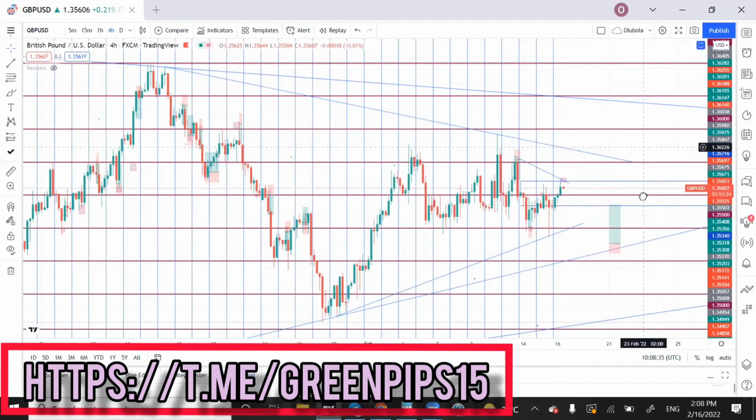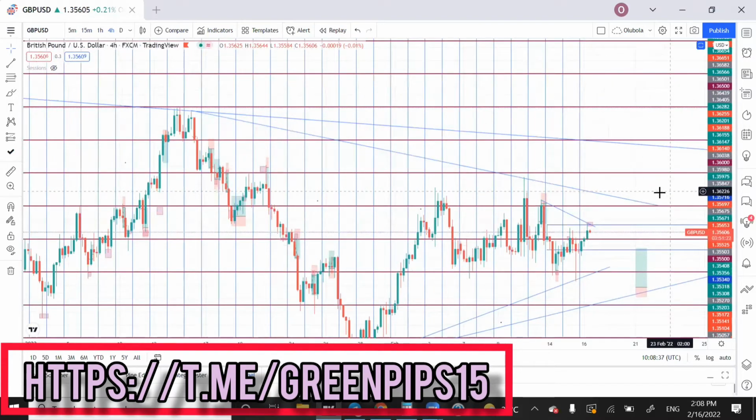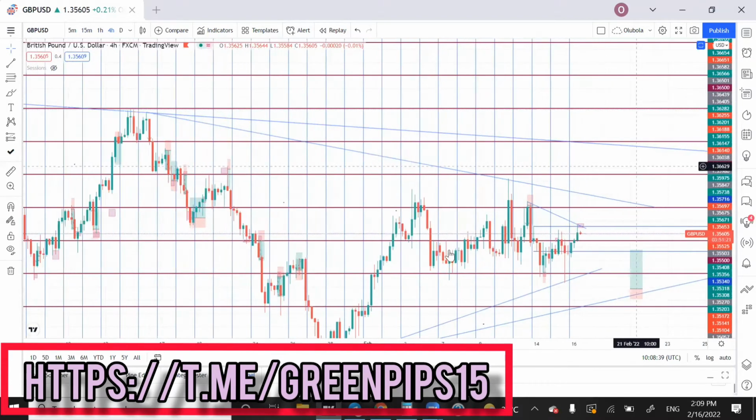When you are drawing your trend line, it has to connect the top here to another top. Did you see it? Yes, sir. This is a valid trend line.